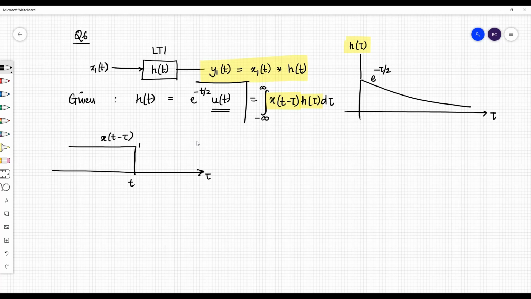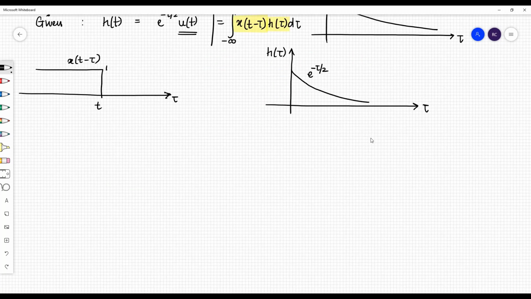Now I have both the signals, and all I have to do is find the product. But depending on the value of t, this product may vary. So I have to find y1(t), the convolution, for all t. Now we are going to take different cases and write the convolution.